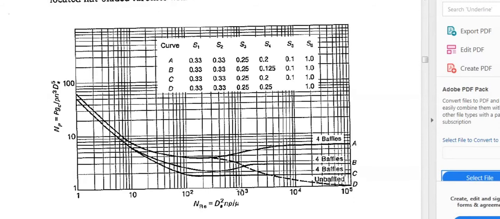Similarly, Froude number, NFR, is the ratio of inertial forces to the gravitational force. Finish. That is it. I hope it is clear for you, and you have learned something, and next time you will not commit this mistake.